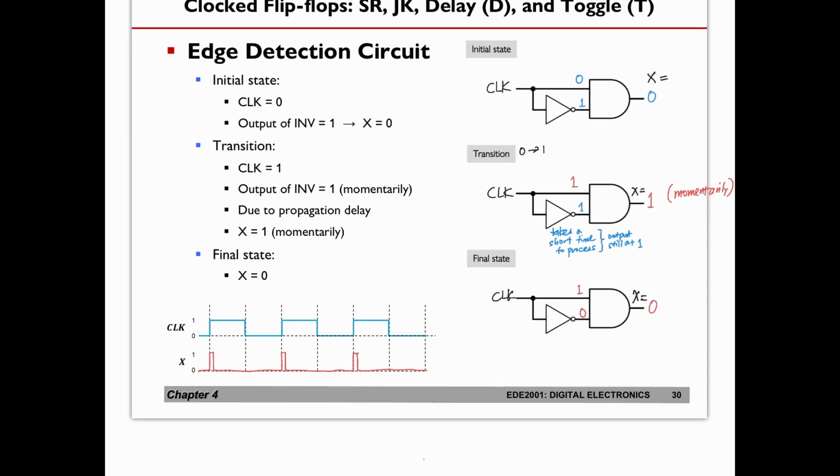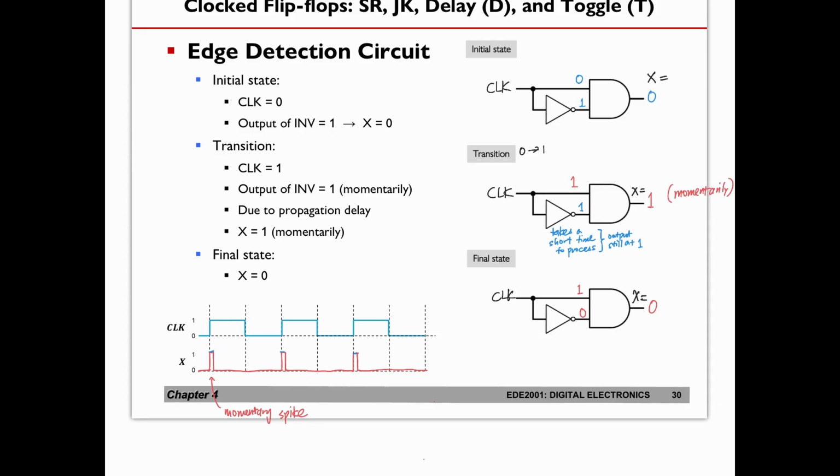You can call this a momentary spike, and it is during this short moment that your AND gate output will be a 1, and that will be used as the enable, replacing the enable that we had previously.